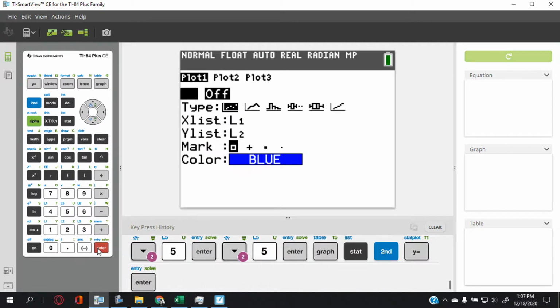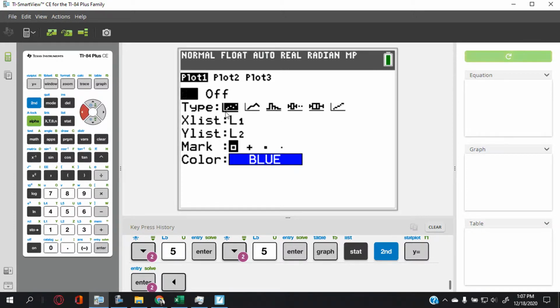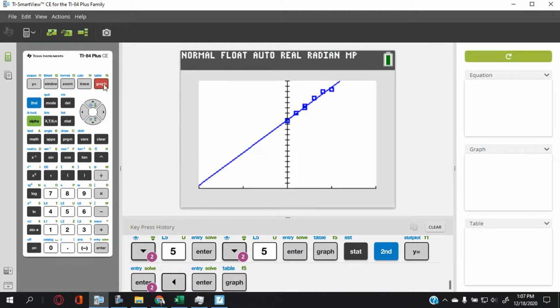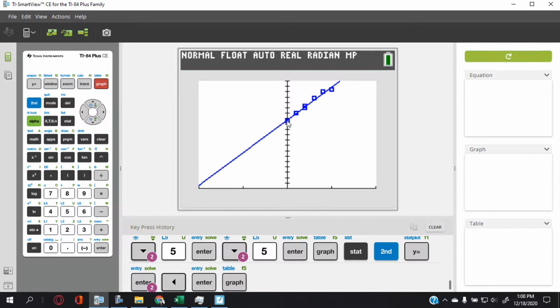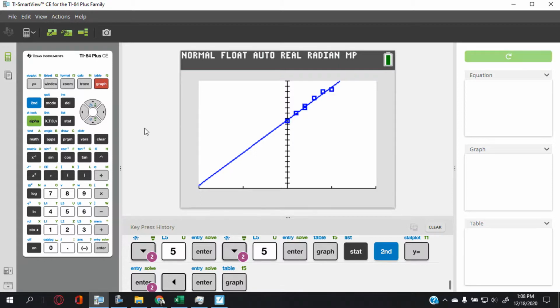Where is this on? On. What type do I want? I want this one right here. I want the scatter plot, right? Because that's a line graph, that's a histogram, and so on and so forth. So I'm going to press enter, and now I'm going to graph. Watch this. Isn't that nice? It's got all the original points plus the line of best fit, and it's the most accurate one that we could find.